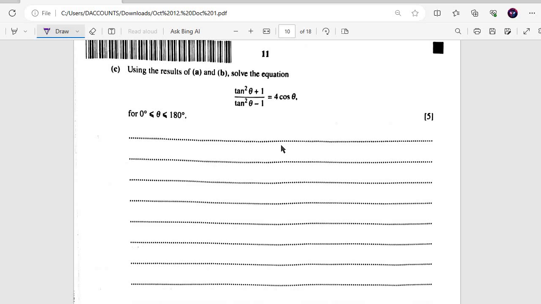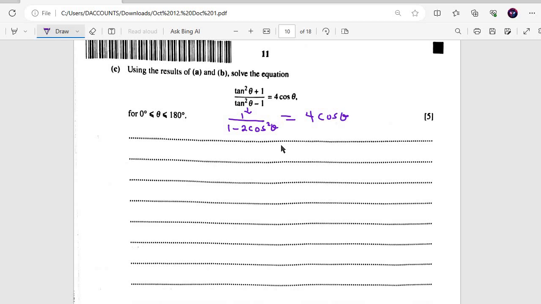So the next one, using the first and second result, we have to solve this equation. Let's see how we're going to apply this. Remember that we've proved that this is the same thing as 1 over 1 minus 2 cos squared theta, equal to the new one for cos theta.